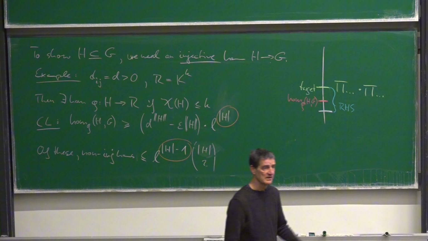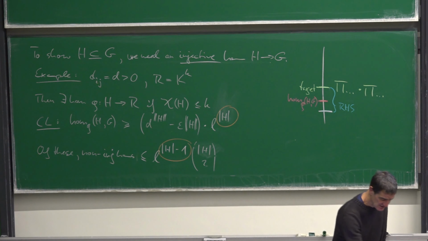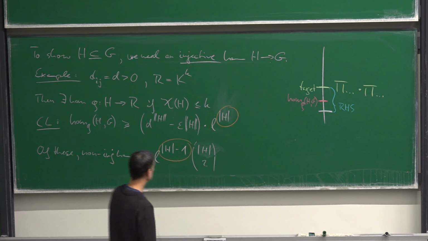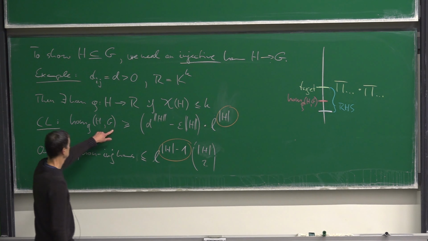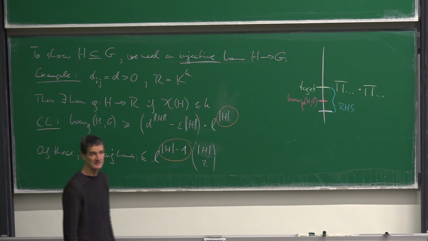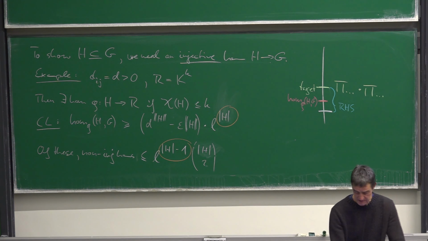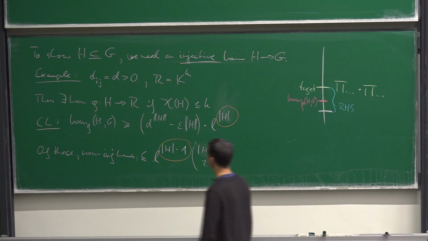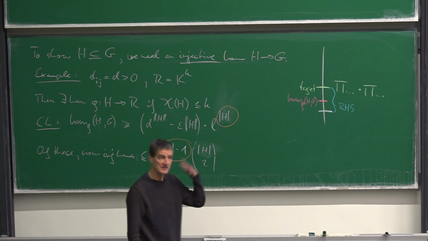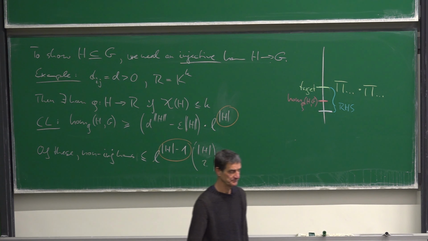So as G grows, we'll certainly have some injective homomorphisms left from our count of all the homomorphisms, because there are not enough non-injective ones. And of course, our aim was to find a copy of H in G, and that's what injective homomorphisms do.